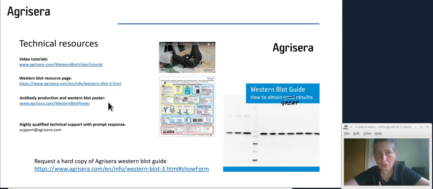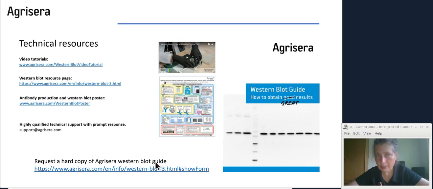I would like to also show you a little bit of the technical resources which are available on our website, which you can use. We have different video tutorials which cover protein extraction, Western blot, and also quantitative Western blot. There is also a possibility to obtain a poster for your lab which covers all 3 parts of the antibody production process.